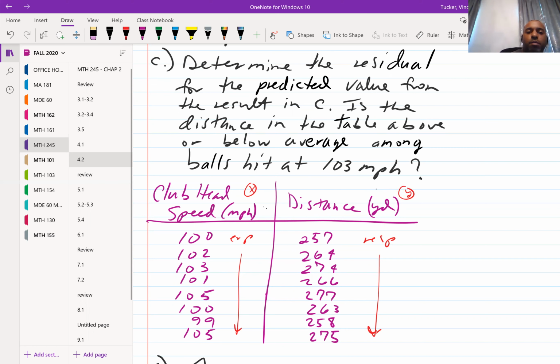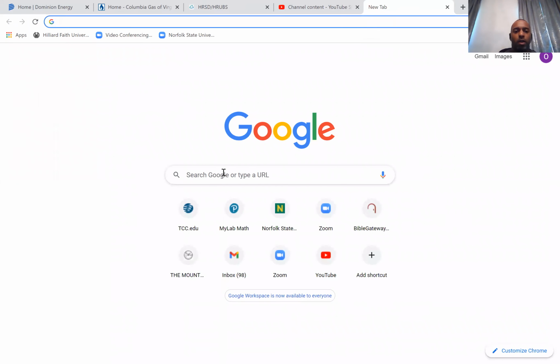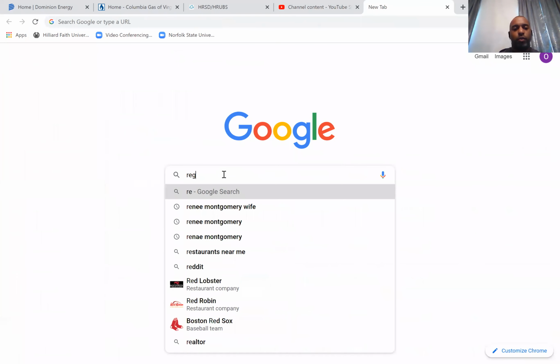Anybody still copying before I go to the internet? All right, so just like before, I would do a regression line.